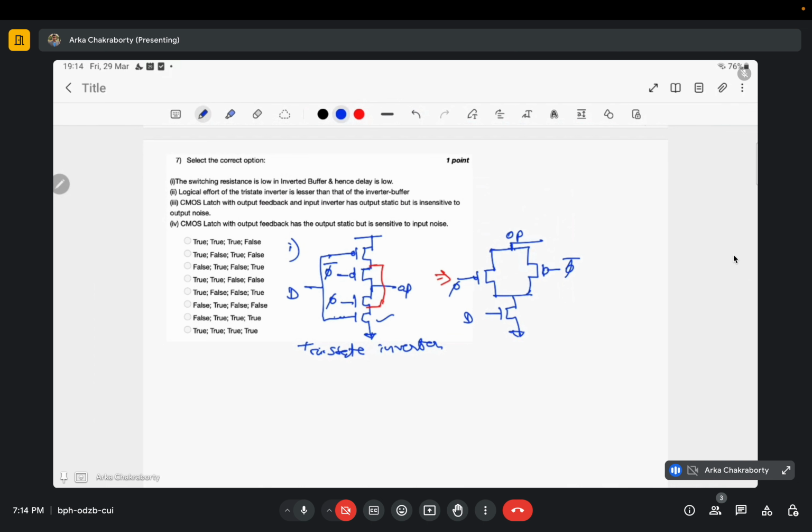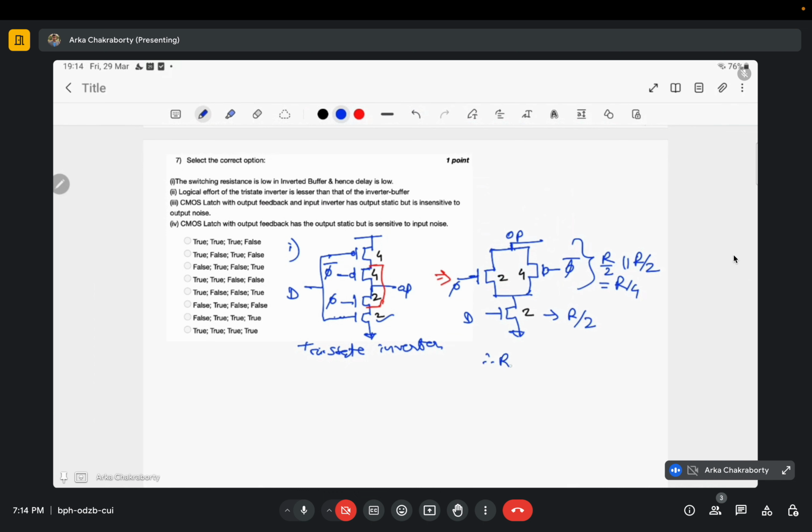Now, if I consider the sizes, what will be the sizes? You can see the sizes here should be 4, 4, 2 and 2, but the sizes here can be 2, sorry, it would be an NMOS, 2, 2 and 4. Okay, so the resistance here would be R by 2 parallel R by 2, which will become R by 4, plus R by 2.